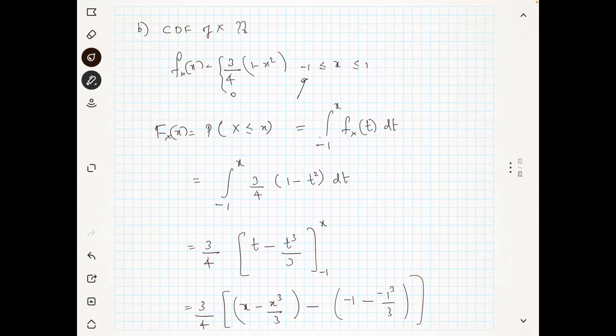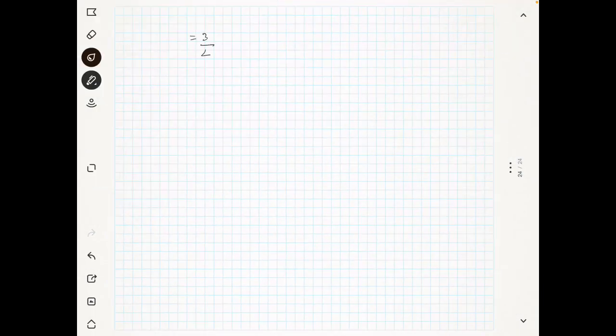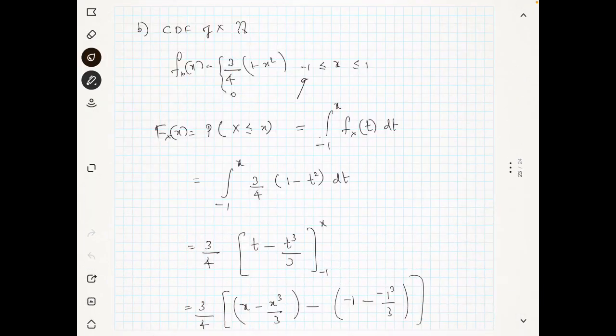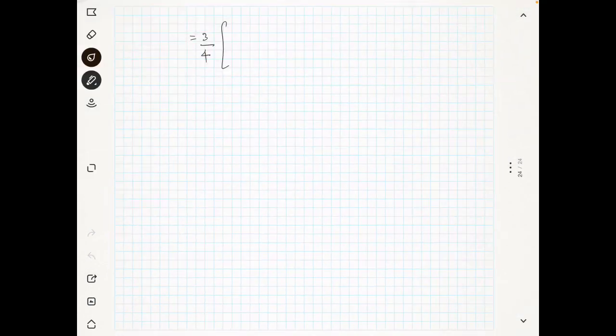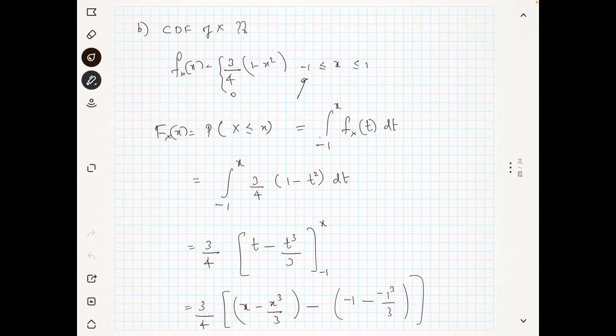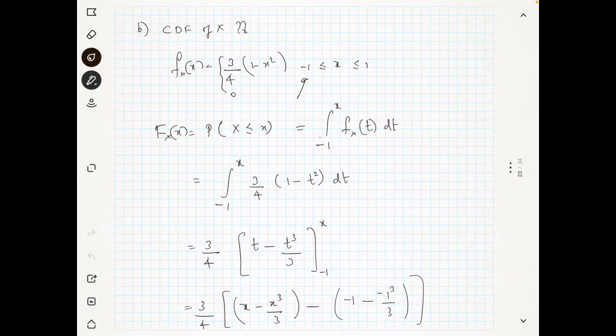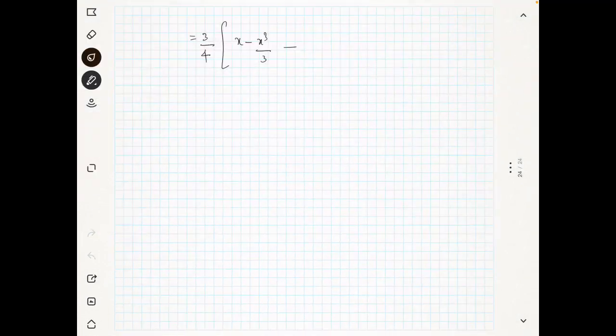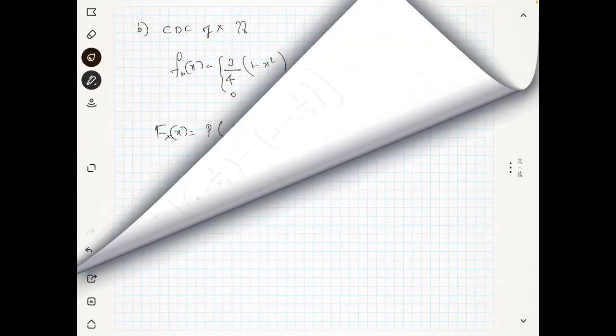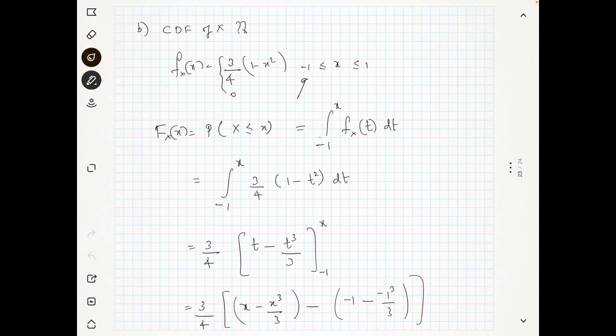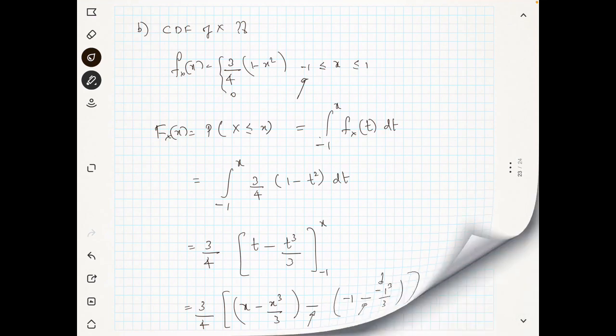So this will become -1 and +1, which is equal to 3/4 into, let me check, okay, yeah, 3/4 into t minus t cube by 3, that means x minus x cube by 3. So x minus x cube by 3 minus, of -1 is +1, then this is again minus of minus is plus, then again a minus is there, so it will become -1/3.